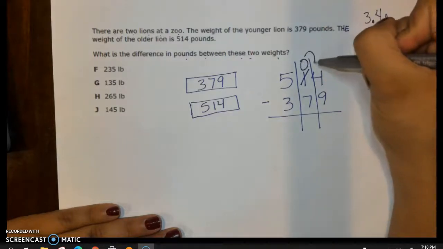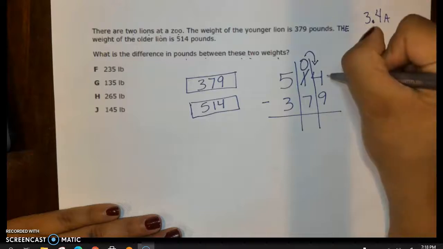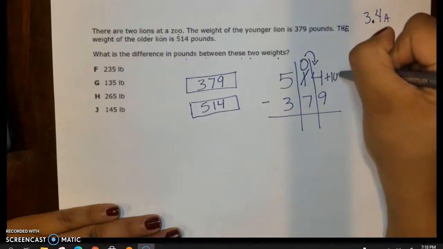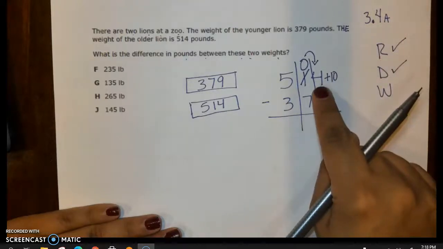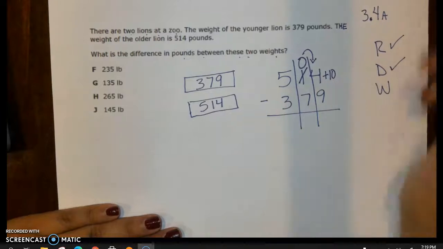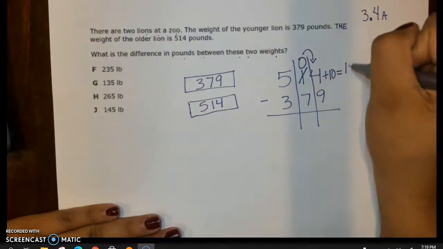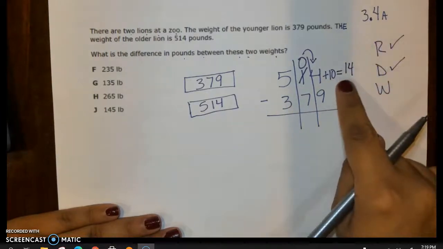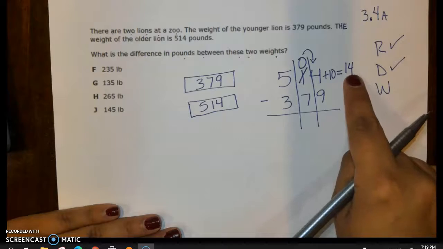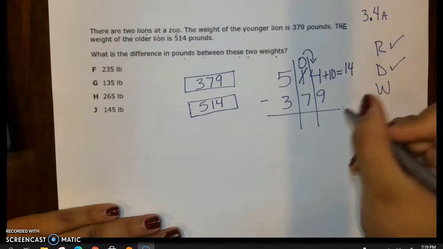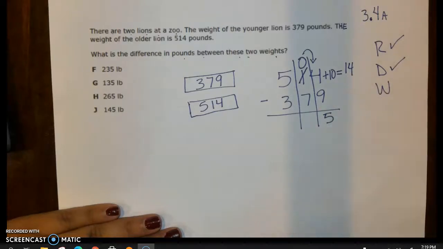And when he gives it to me, he's giving me 10 at a time. So it's like saying 4 plus 10, which means I now have 14 in the ones. So we have 14 minus 9. That gives me 5.